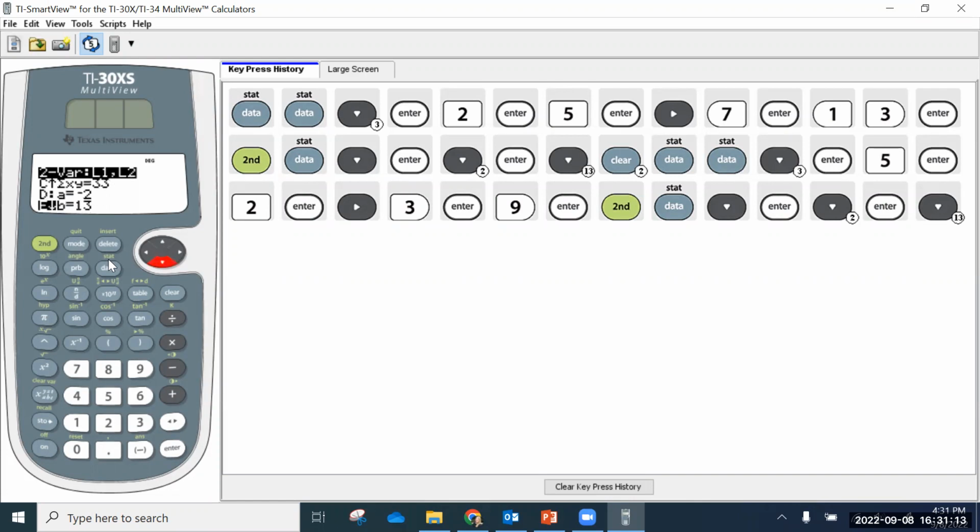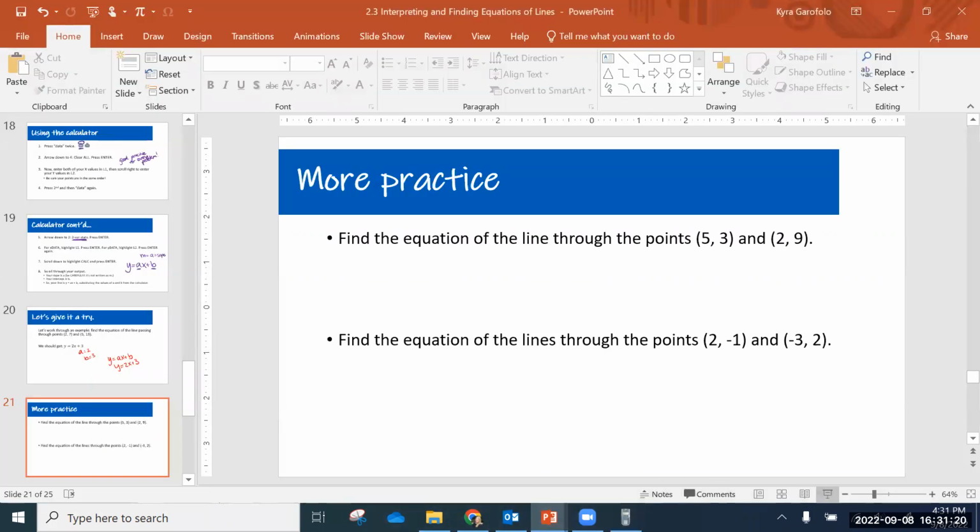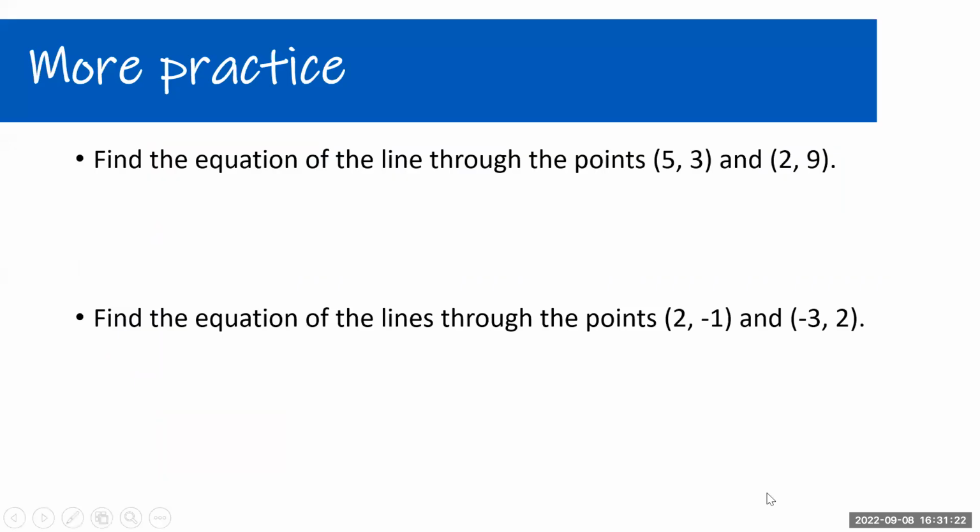And we're going to get A is -2 and B is 13. So we can write this as Y equals -2x plus 13, because we had A was -2 and B was 13.